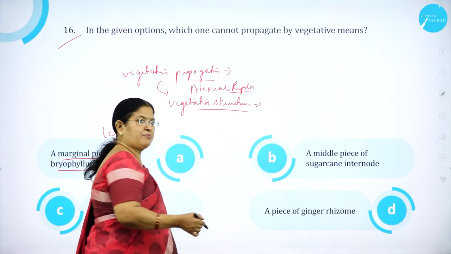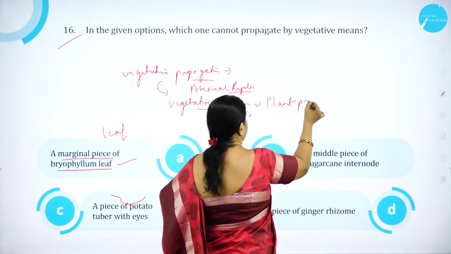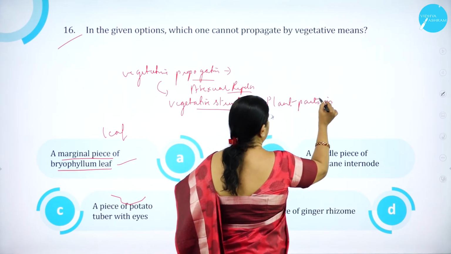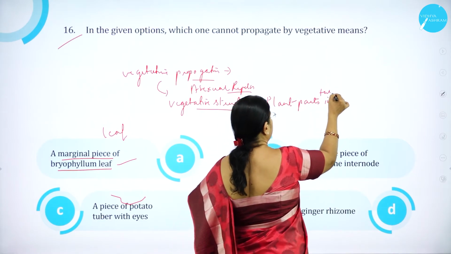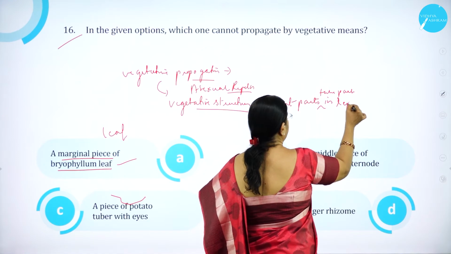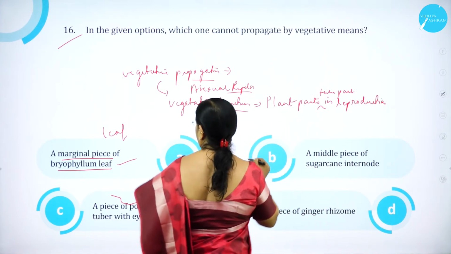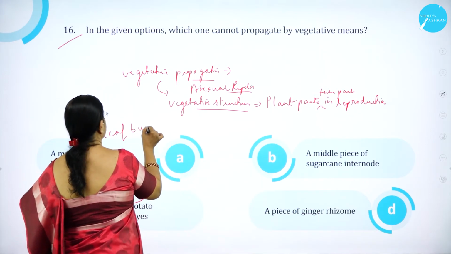Vegetative structures are nothing but the plant parts which take part in reproduction. So here, leaf buds.